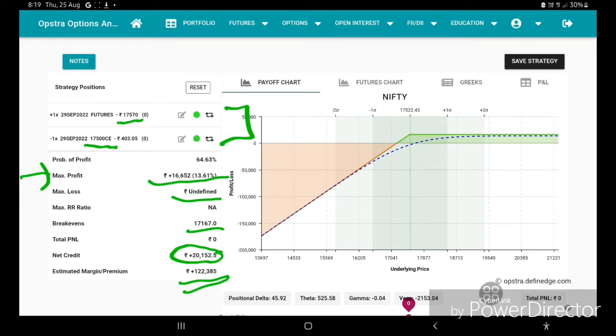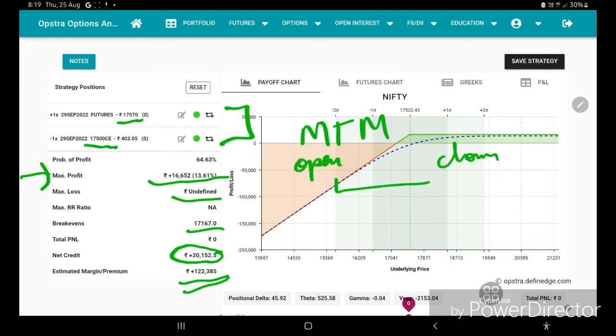And also there is MTM, mark to market, for futures, which means whatever profit and loss happens between the opening price and closing price in the futures on a daily basis will be credited to your account.